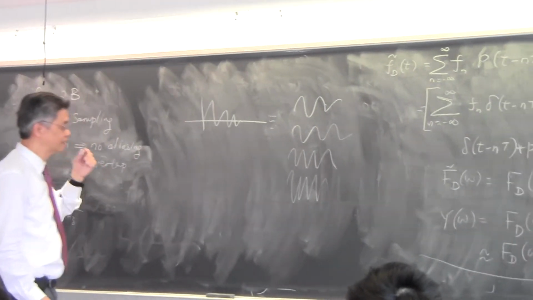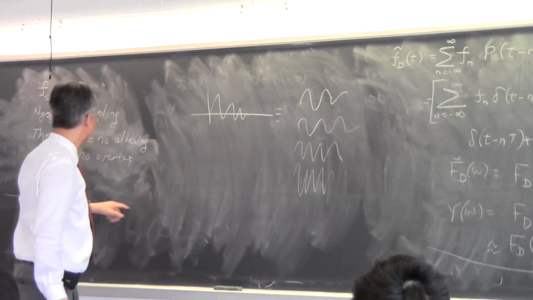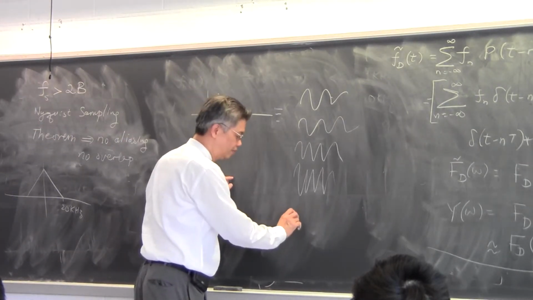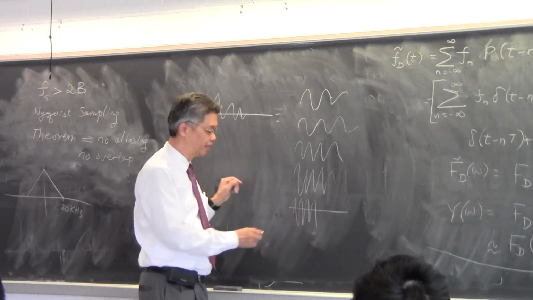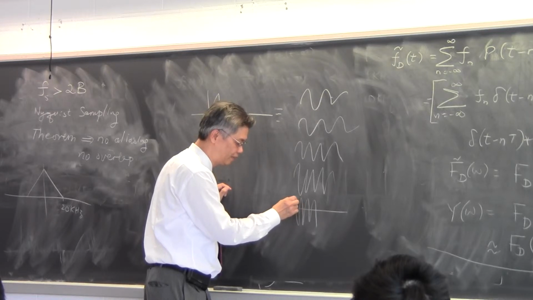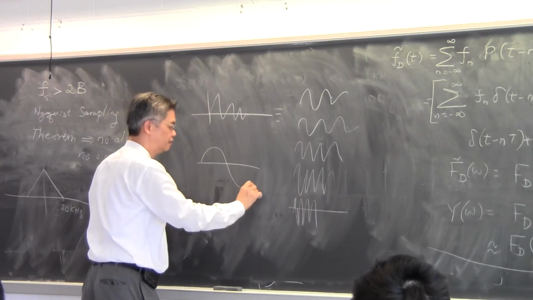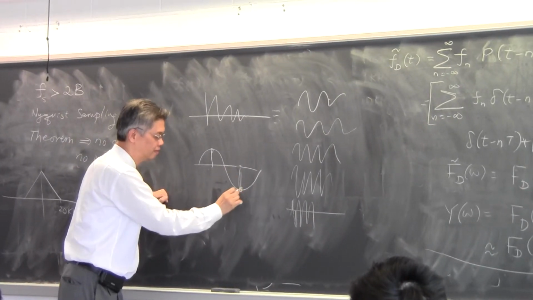So you take the highest frequency component that you can have, which is this one over here, and you have to make sure that your sampling rate captures the highest Fourier harmonics. That means that it has to be sampled at 2 points per cycle. So if you have a cycle, you need to sample it like this at least.